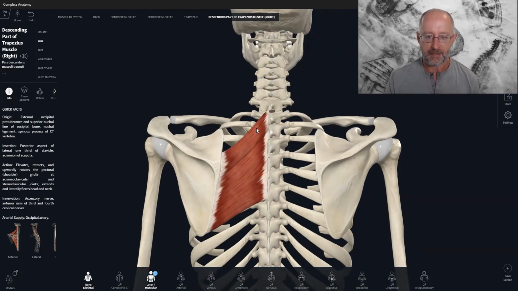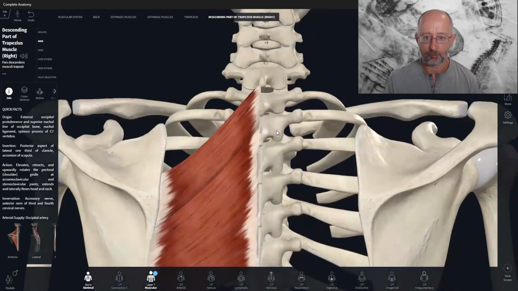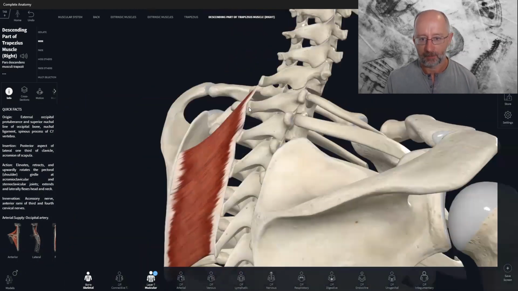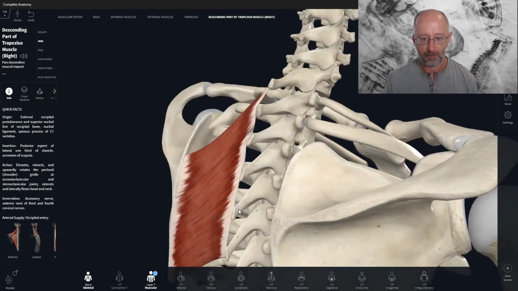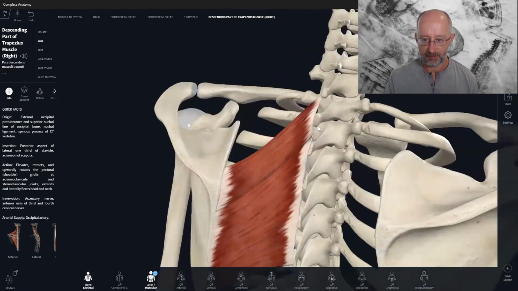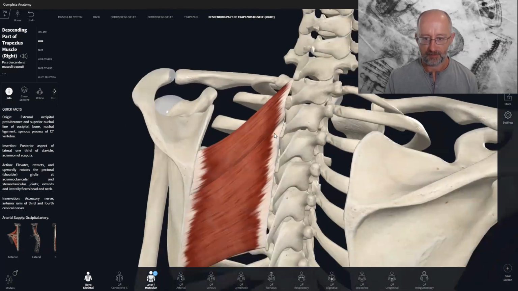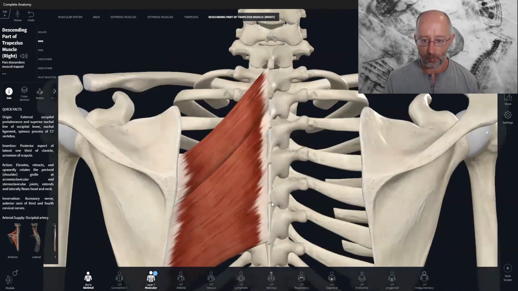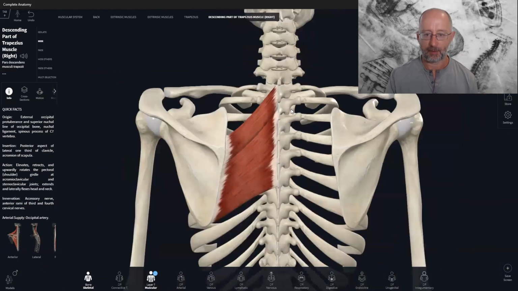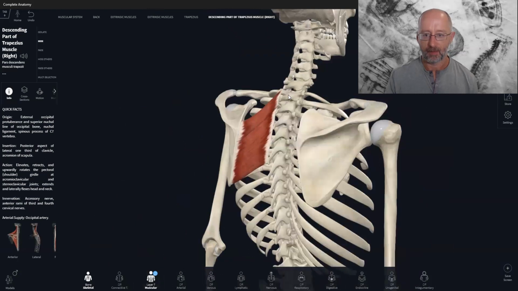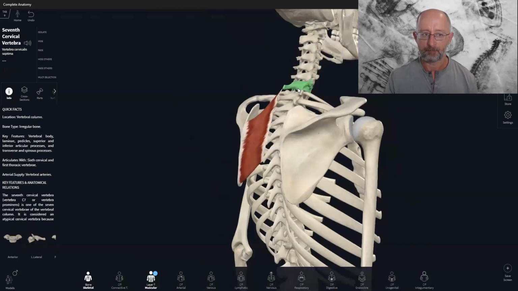So if we look at the origin, we can see that it's attaching to the spinous processes of the vertebrae. And there are also big ligament structures coming down through here. So it's kind of ligamentous and also connecting directly onto the bone right down there. It's coming from just the tip of this bone here, which is the seventh cervical vertebra.